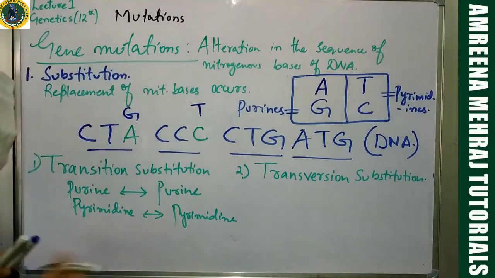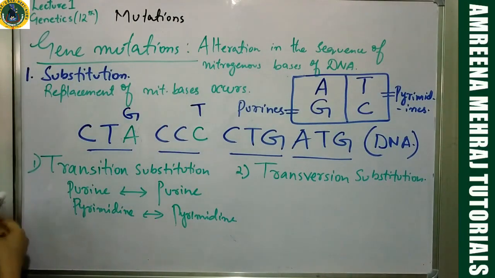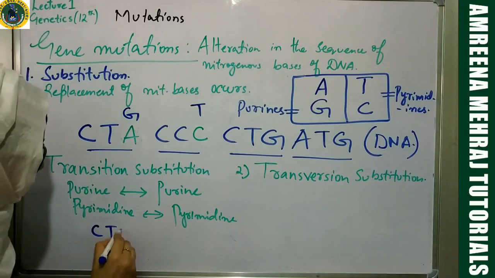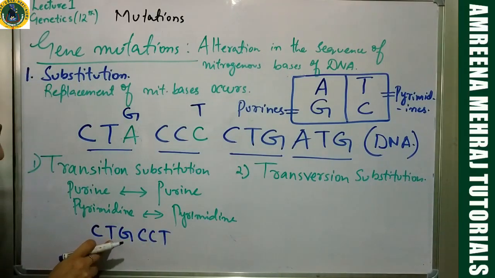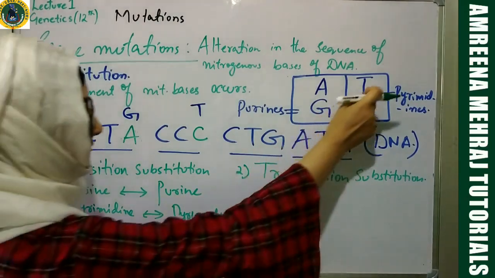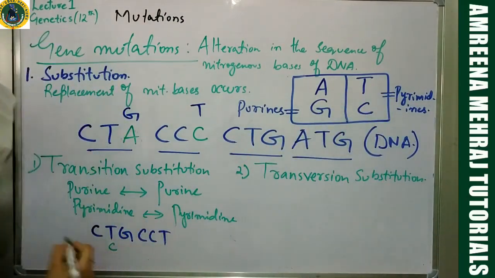I'll take a different sequence. So I have a sequence like this. It's very simple: CTG, CCT. In this, I will take, suppose, T. I will replace T with some other base. In place of T, I will write C. The rest is the same.